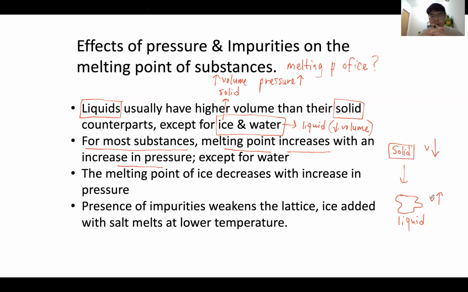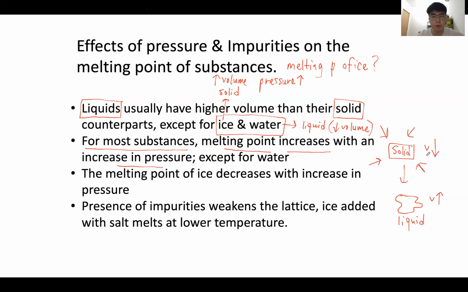For most substances, when they want to melt, they need to take more volume. But if the surrounding pressure is very high, then it will compress it. It's kind of like pressing them, preventing them from expanding. Because if they want to melt, they need to expand.